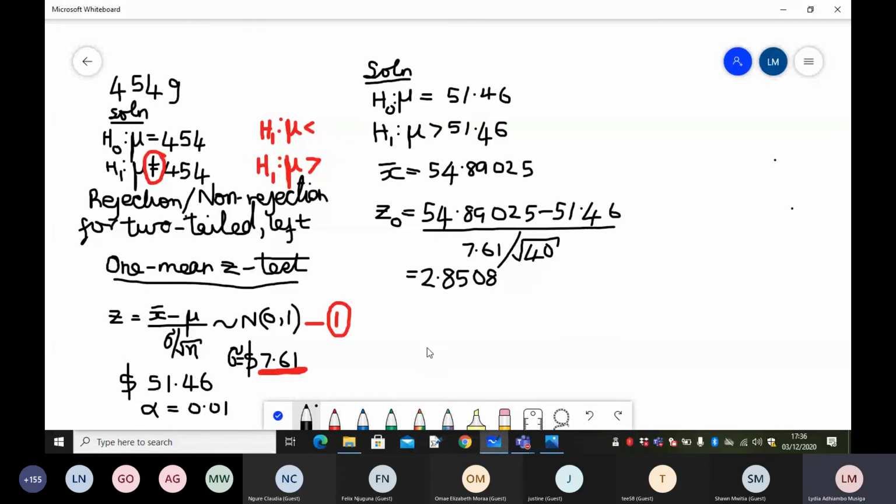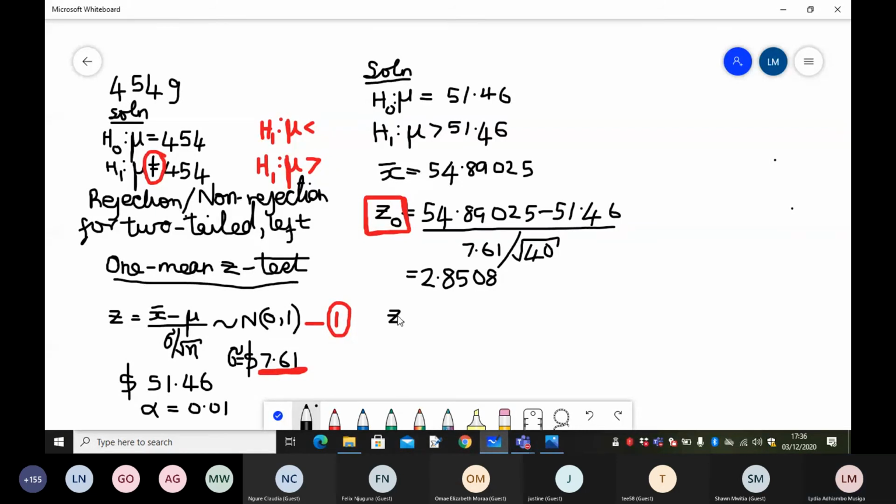Remember, we have called that answer Z observed, the one I have circled in a red box. We call it Z observed because we are getting that 2.8508 using the data values that were given. And I am insisting on that because we also need to get Z critical.